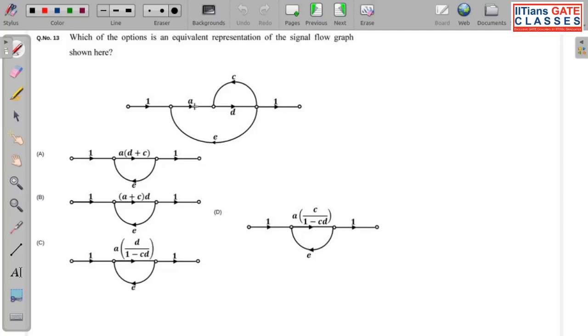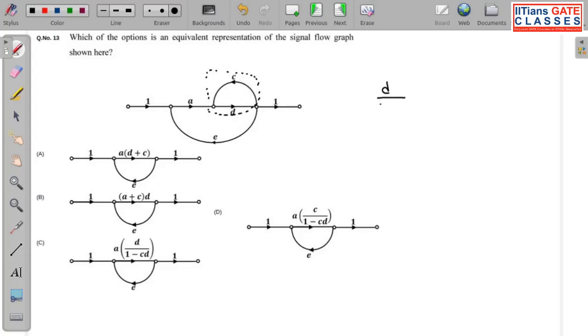If I want to solve this, there is one easy way and there is a tough way. By directly looking at the options, you can see option D is correct. Why is option D correct? Look very carefully at this loop. This is a feedback loop. Now if I want to condense this feedback loop, how can I write?